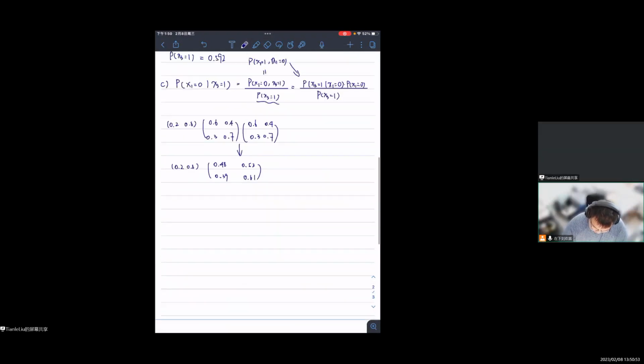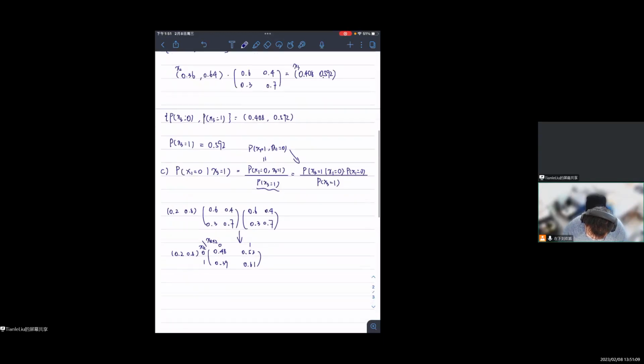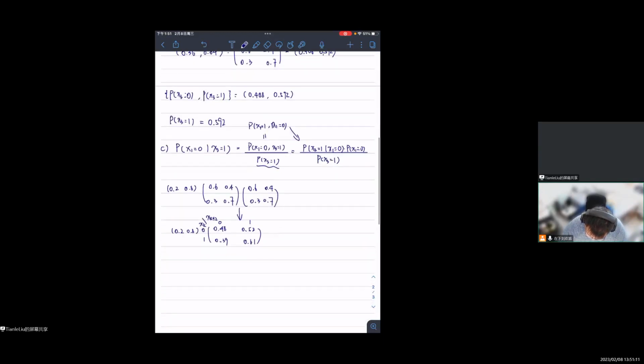So we can at least find the probability we want, which is we need to find the xk plus 2, which is x3 equals to 1 and x1 equals to 0, is 0.52.